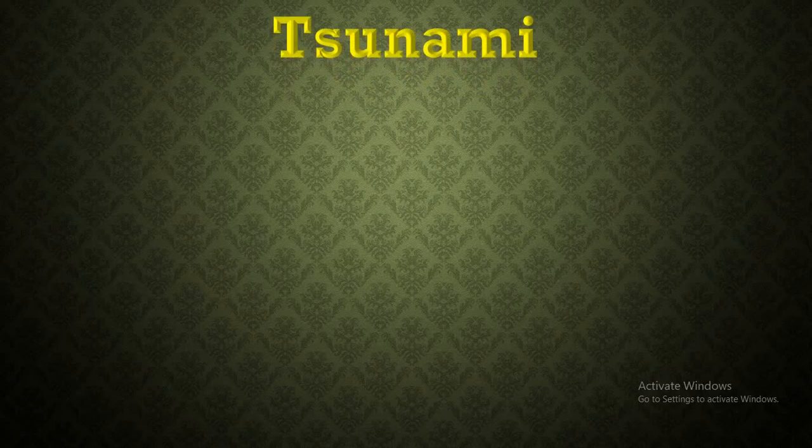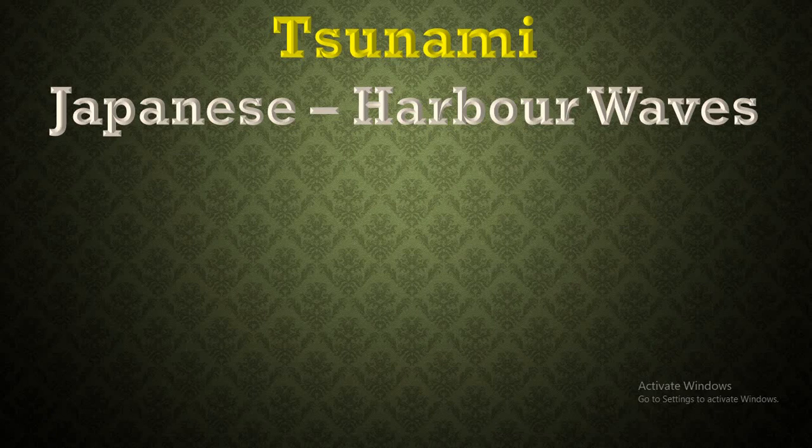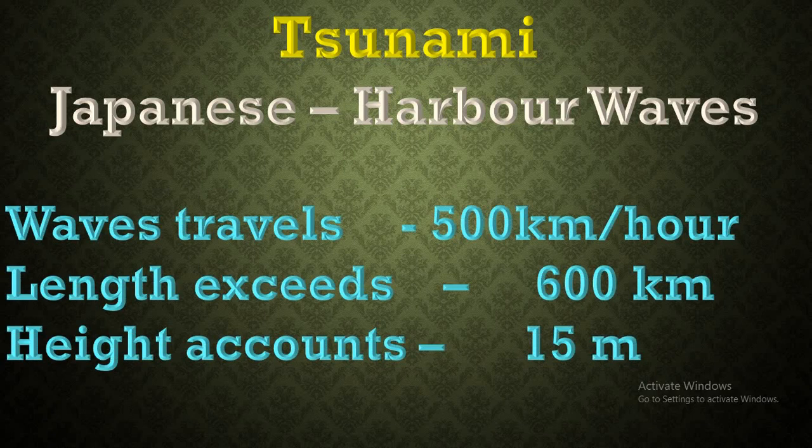Tsunami. Like the earthquake, the plate tectonics have the shakes, the movements. So when it occurs on the land, it is an earthquake, and when it occurs in the ocean, it is a tsunami. What do you mean by tsunami? In the Japanese word, they call it harbor waves. Also, the waves travel much faster, that is 500 km per hour.